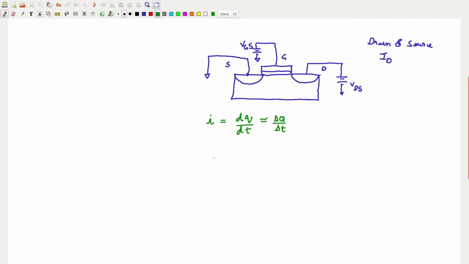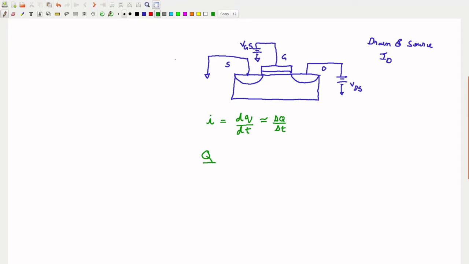In order to find the expression, we shall see how much charge is flowing from drain to source. We will find the charge Q.